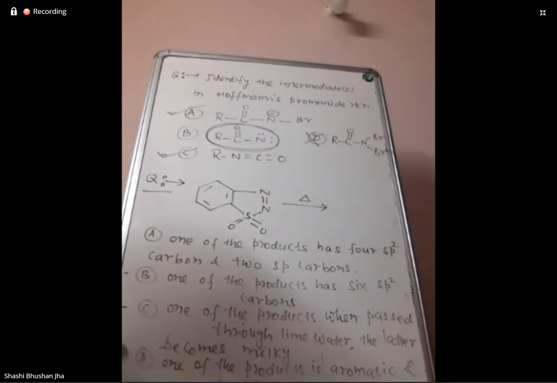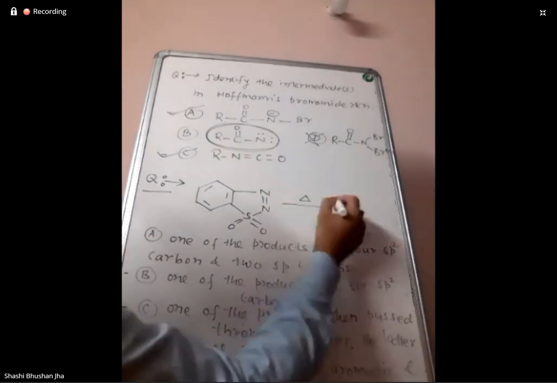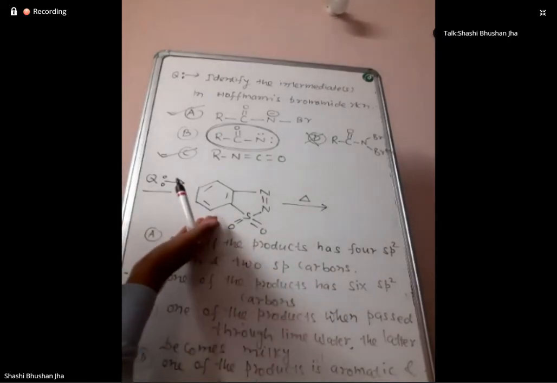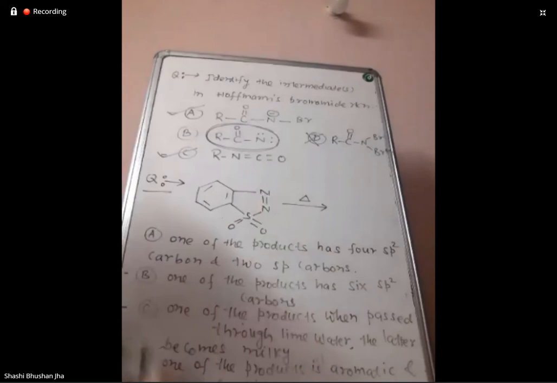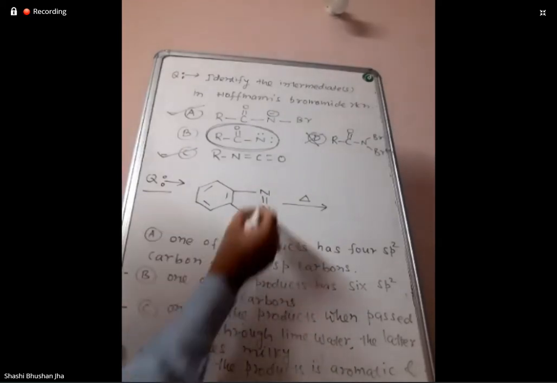Here, what is the product? Benzyne. So this compound is simply heated. Now, when you look at this compound, it is very clear what is going to happen. It's a very easy question. When you heat it, it will definitely undergo decomposition, and this part will give you nitrogen gas, this part will give you sulfur dioxide gas.